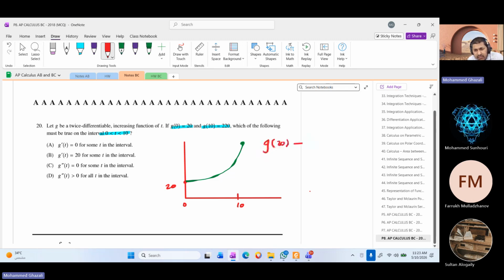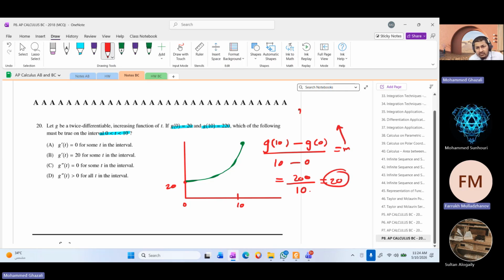What's the average gradient? G of 10, which is 220, minus G of 0, divided by 10 minus 0. So that's 200 divided by 10, which is 20.